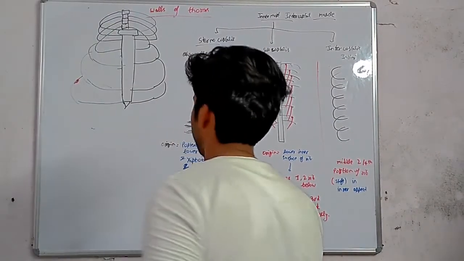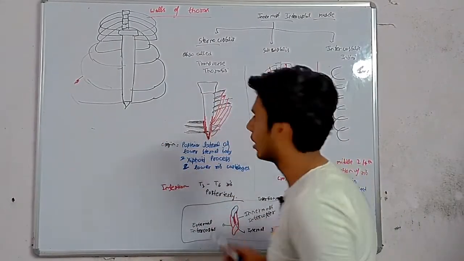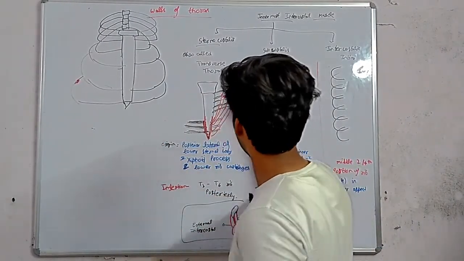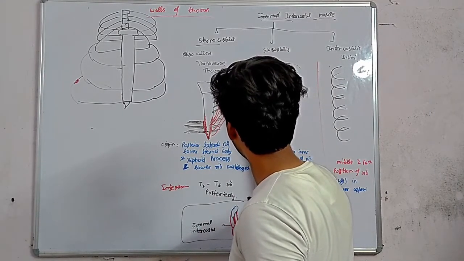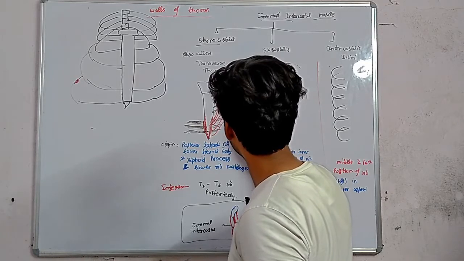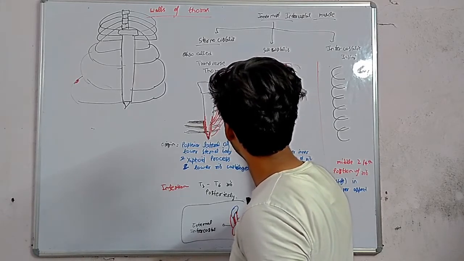Now let's see the final arrangement, how they are arranged in the thorax. First T2, T3 rib, T4, T5, T6.